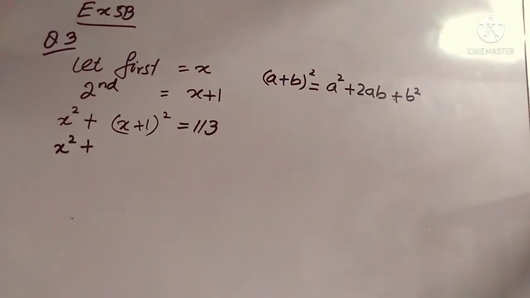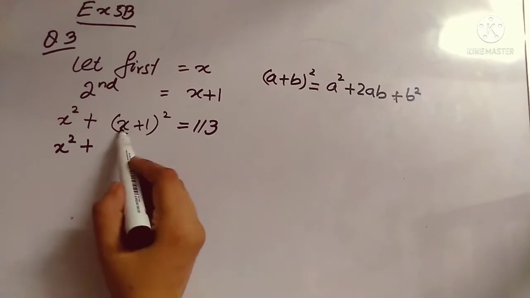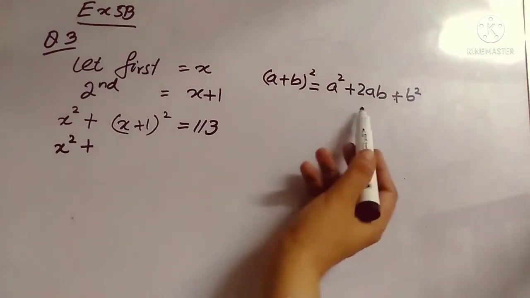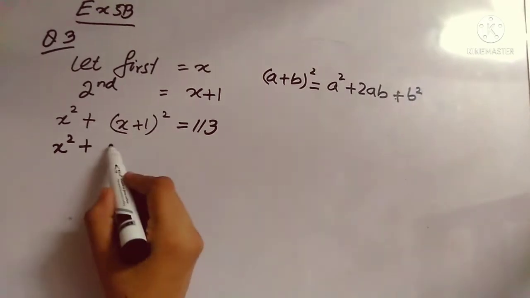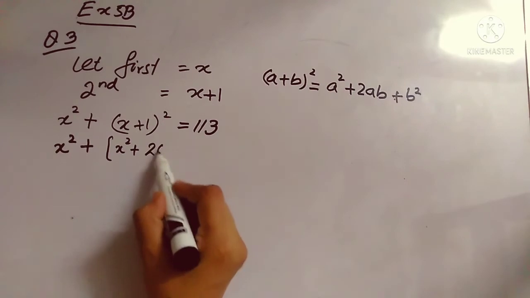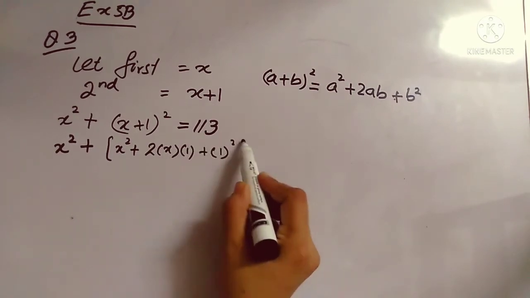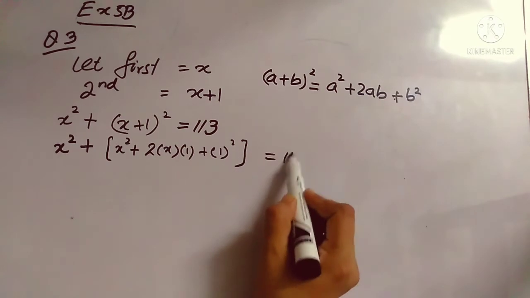Here this is x plus 1 whole square, so a is x and b is 1. So we use this identity: a square plus 2ab plus b square is equal to 113.